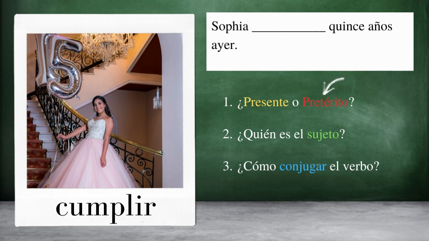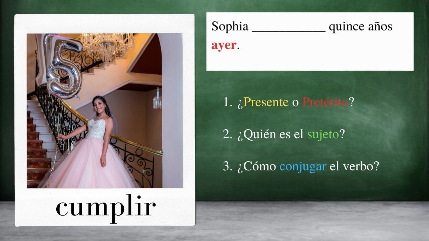Muy bien. We're going to conjugate the verb in the preterite tense. How did you know? Ayer. The word ayer is one of our preterite keywords that means yesterday. So we're going to be conjugating this sentence in the preterite tense.